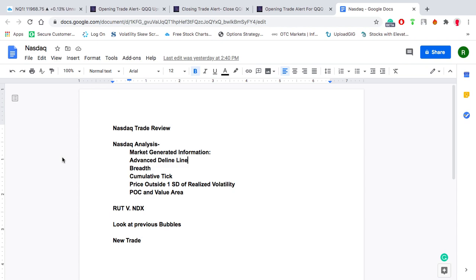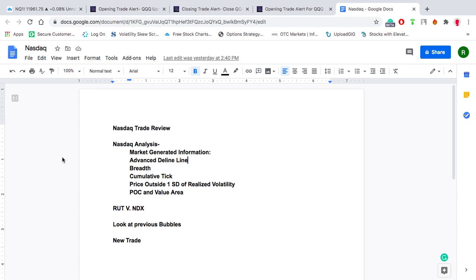And I'm going to be pretty straightforward with what we're going to be talking about. So first off, Nasdaq trade review. Second, Nasdaq analysis. I'm a data-driven person, meaning that I simply look at the market-generated information, and the market-generated information is quantitative, meaning it's based off of numbers. Numbers don't lie. 1 + 1 = 2, 2 + 2 = 4, right?